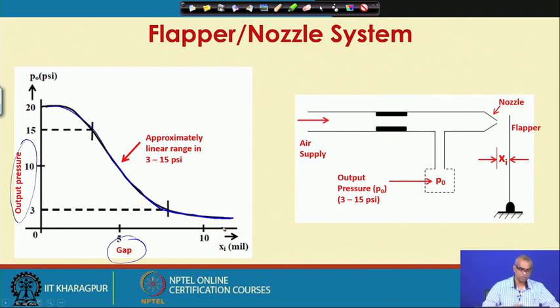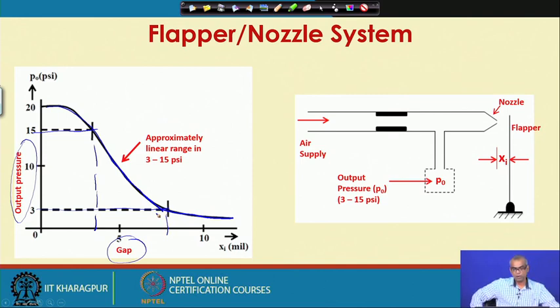If you look at this curve carefully, between 3 to 15 psi pressure, this is approximately linear.